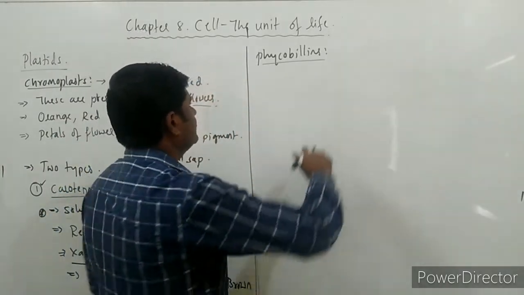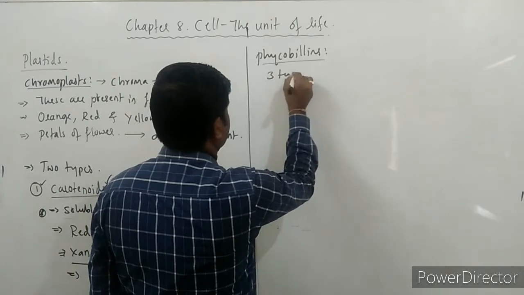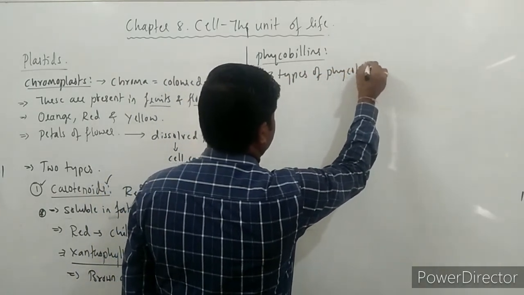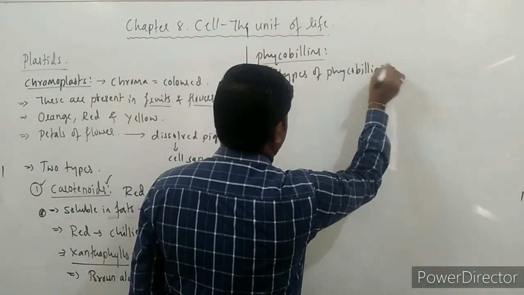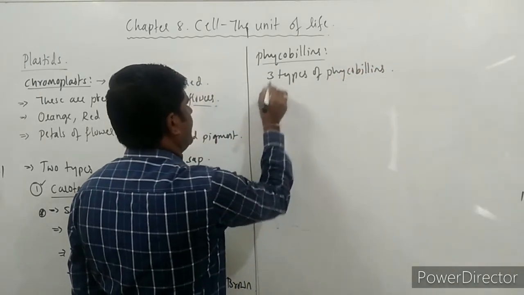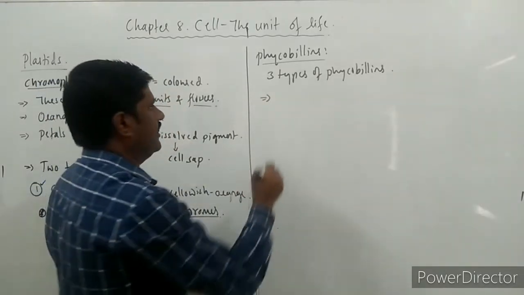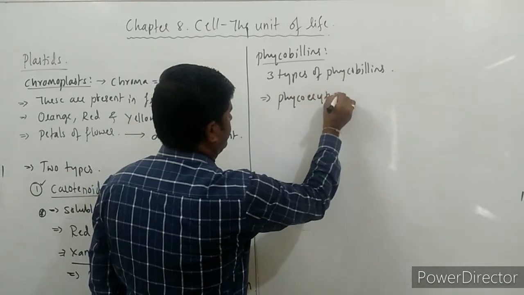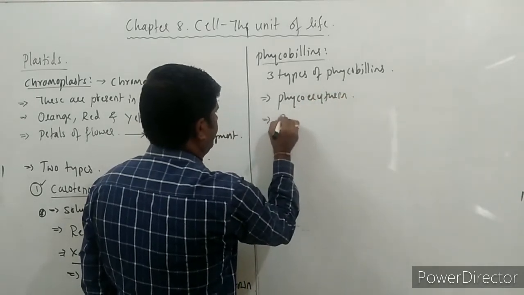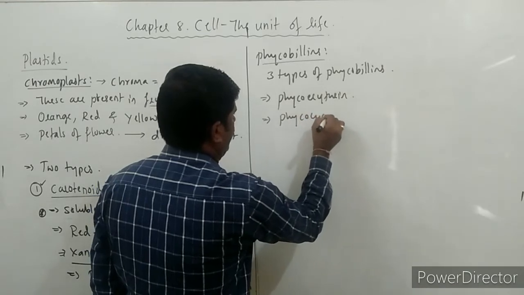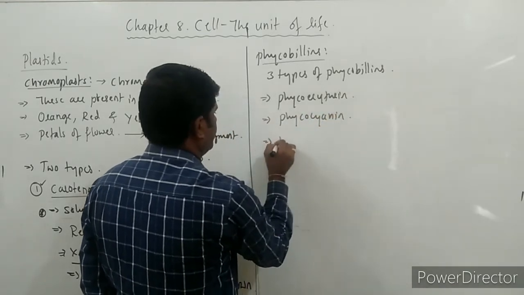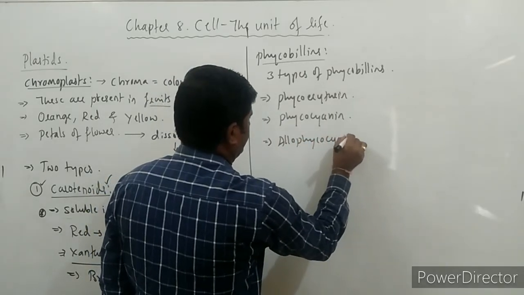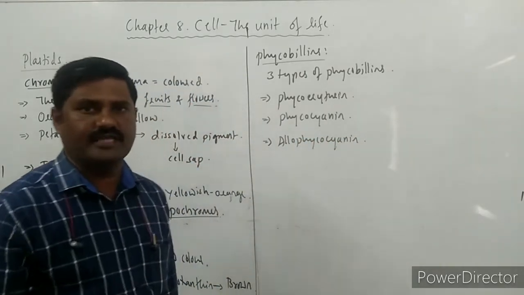There are mainly three types of phycobilins that we come across: phycoerythrin is one, phycocyanin is another, and allophycocyanin.